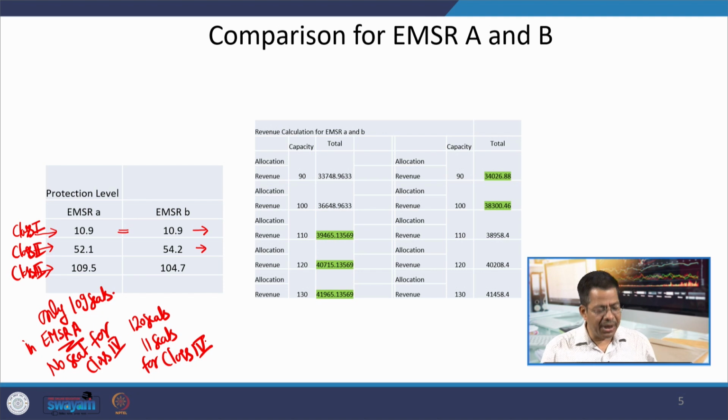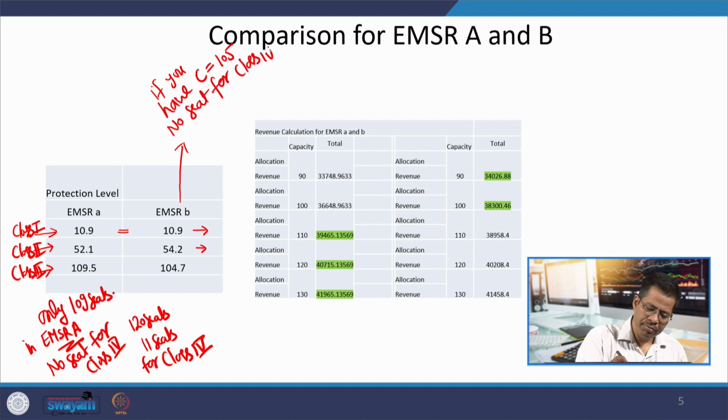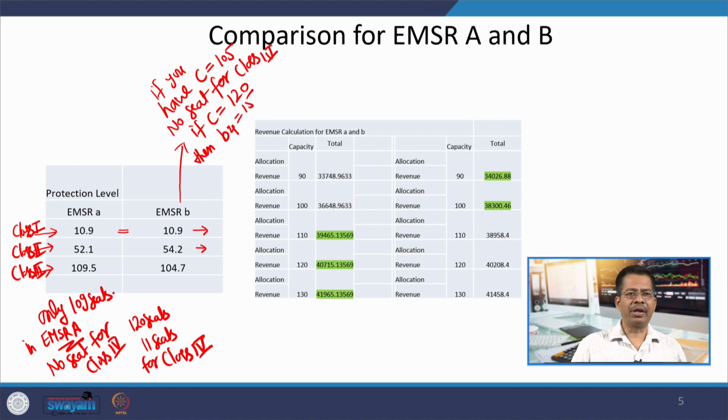Similarly, if I refer to EMSR B, if you have a system capacity C equal to 105, for example, no seat for class 4. But if C is let us say 120, then you will have 15 seats for class 4.